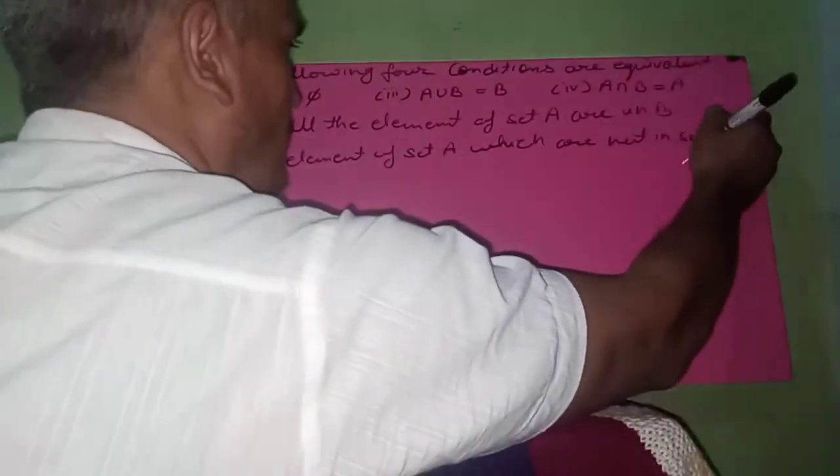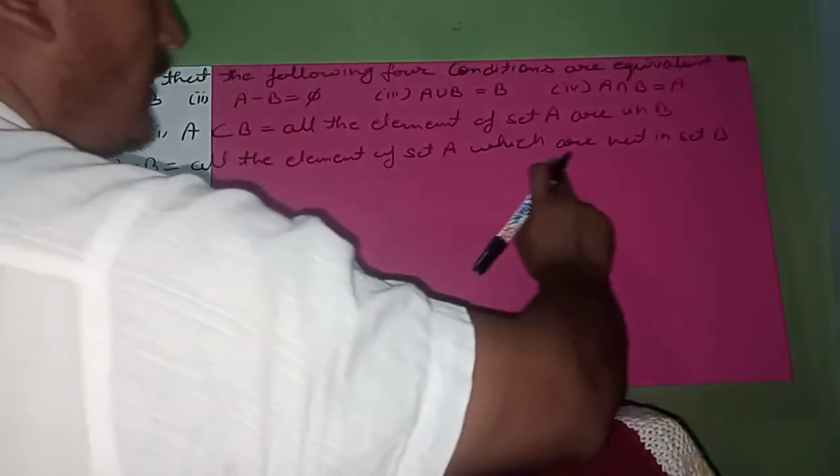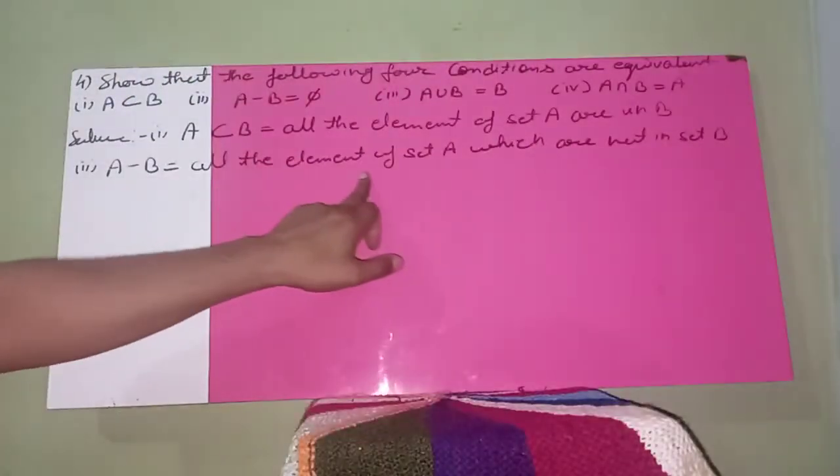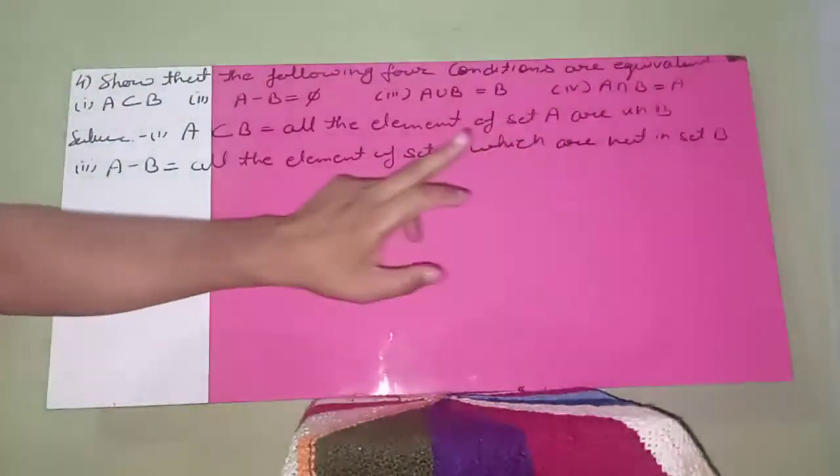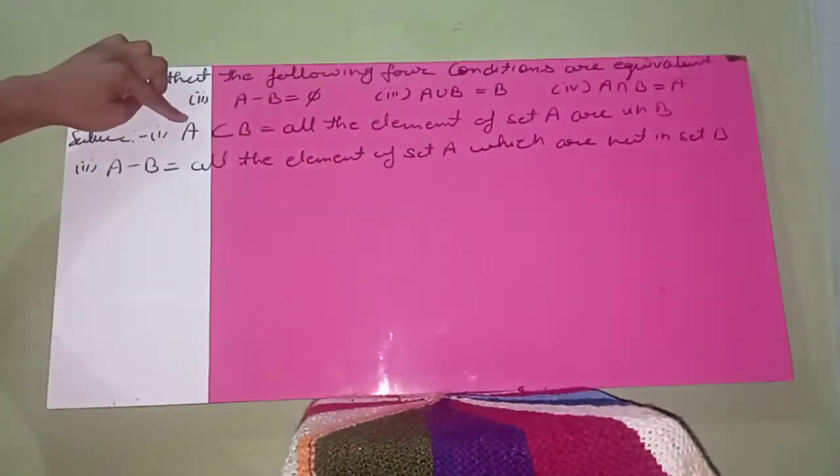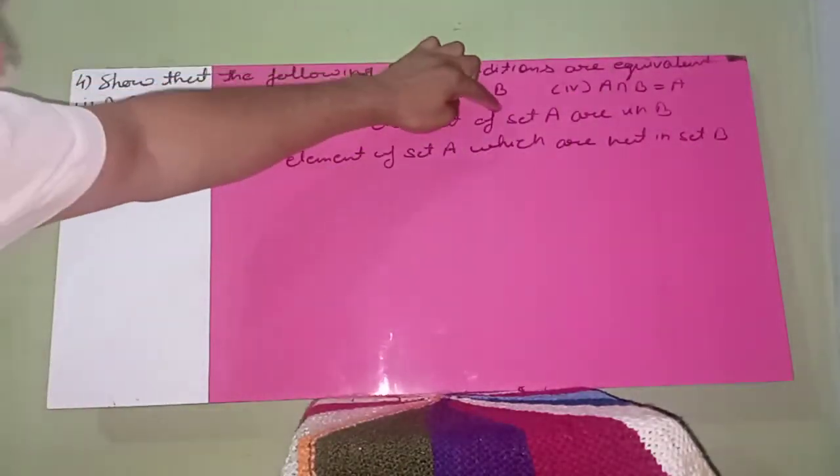A minus B means all the elements of set A which are not in set B, because in the first condition we say that all the elements of set A are in set B.